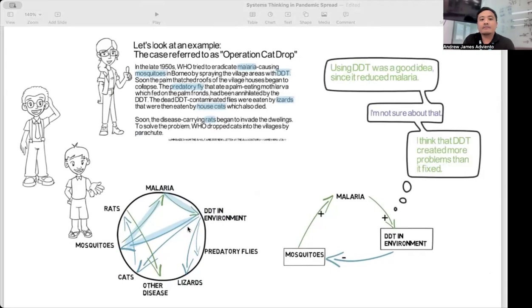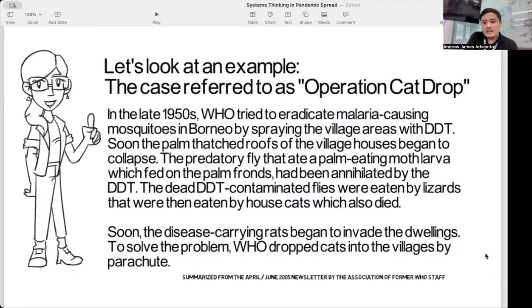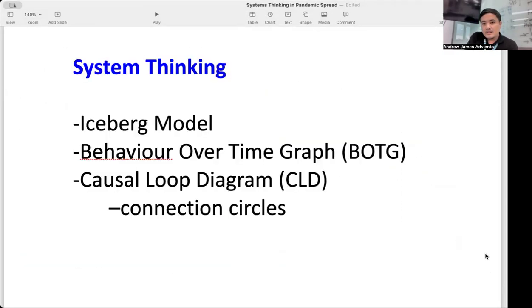All right. So just for key ideas, one more time for systems thinking. The most important lesson is this: if we only fix the event, the problem may come back. But if we understand the system, we can solve the problem better.